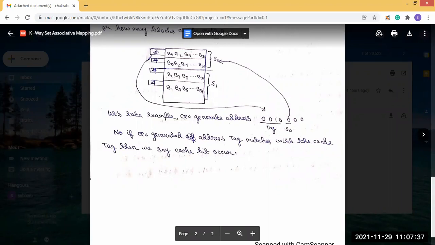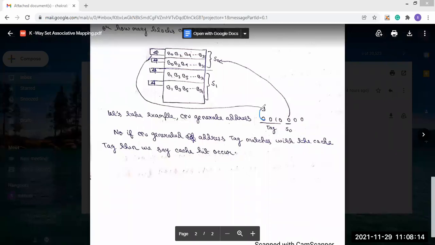And sorry, it will be the concept of k-way set associative mapping, and here it is a combination of these two mappings. So how does the CPU generate this address and how do we find it? We have seen here that the first 4 bits, starting from the MSB, represent the tag.